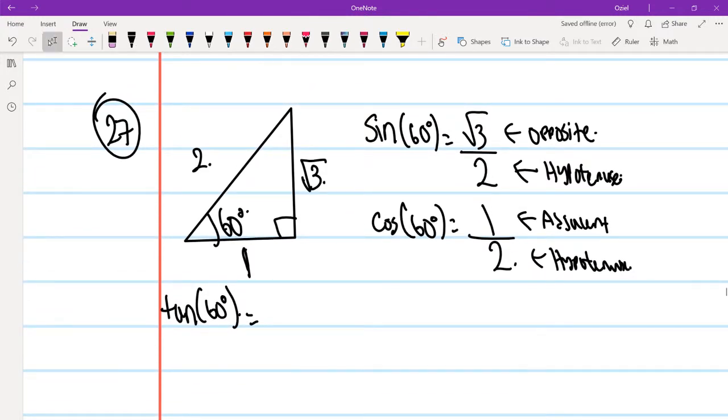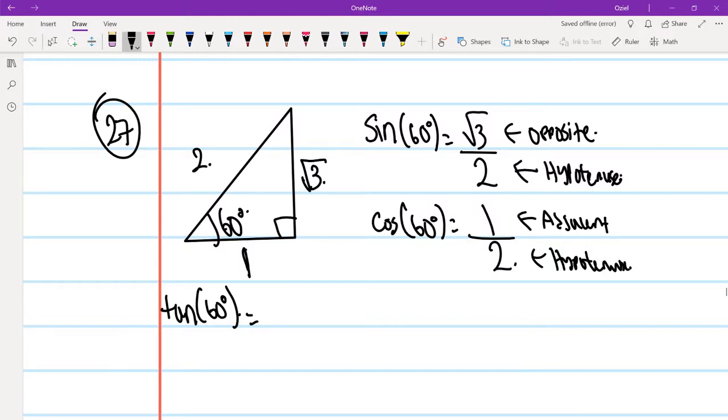The reason why they use these numbers, the square root of 3 and then 1 and then 2, is because this corresponds to the unit circle, and it's not just because 1 squared plus the square root of 3 squared equals 2 squared. I just wanted to point that out.